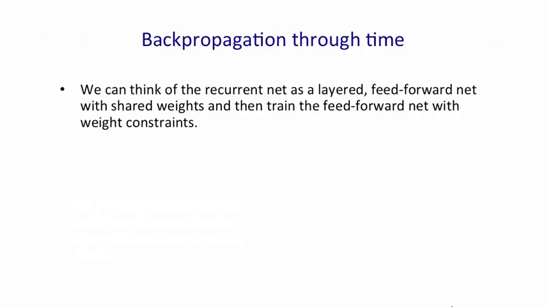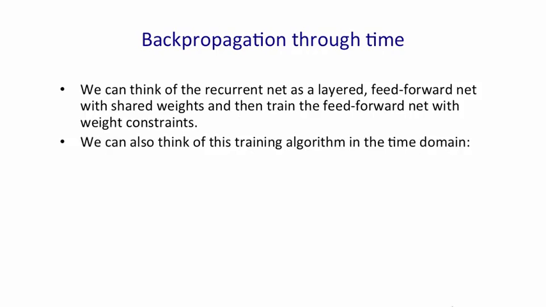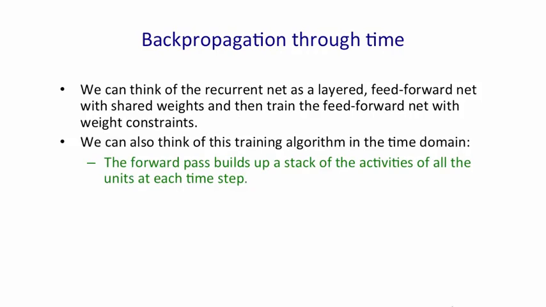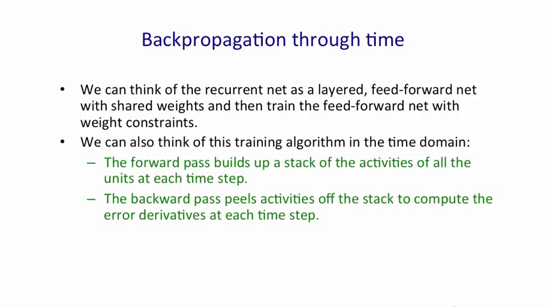The backpropagation through time algorithm is just the name for what happens when you think of a recurrent net as a layered feed-forward net with shared weights and you train it with backpropagation. So we can think of that algorithm in the time domain. The forward pass builds up a stack of activities at each time slice, and the backward pass peels activities off that stack and computes error derivatives each time step backwards.